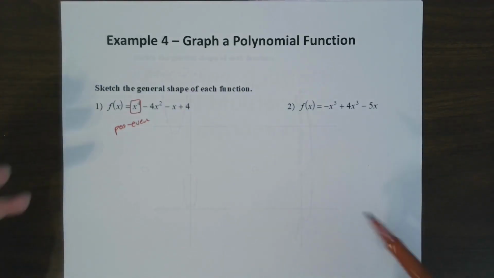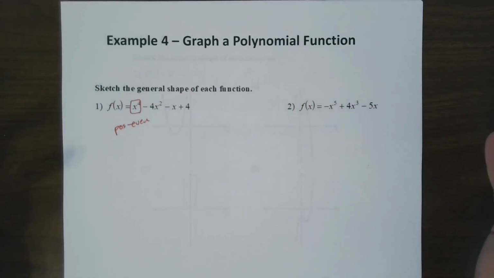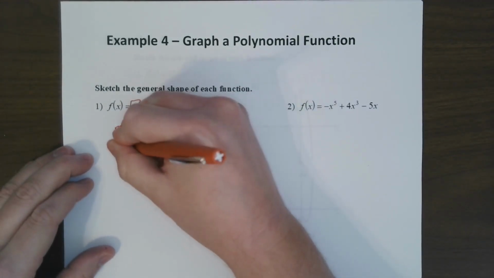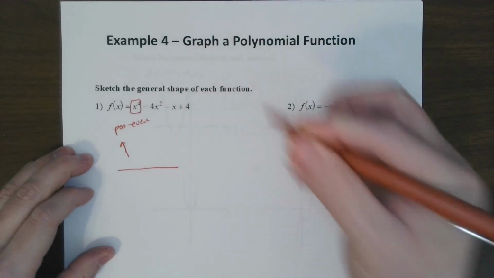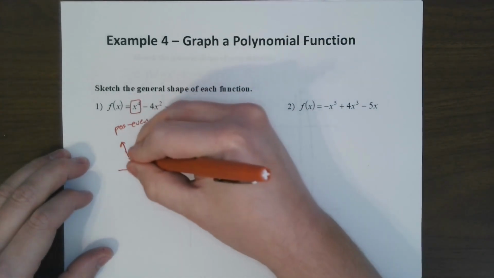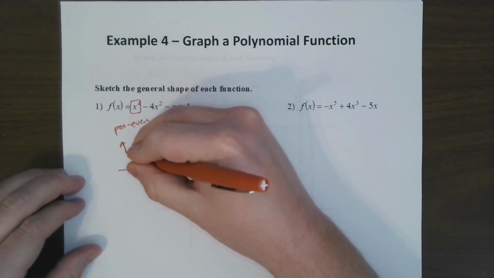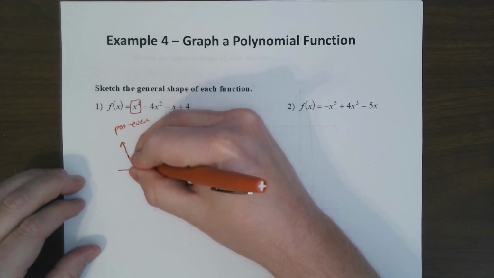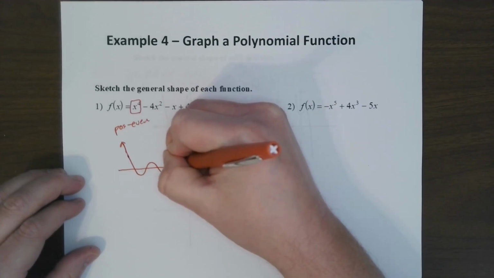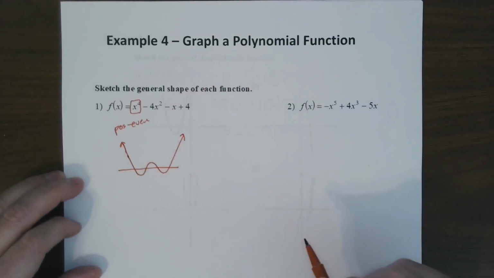The way we do this is pretty easy, but 4 is the most it can cross the x-axis. So if we draw a line, we know it's going to start here, and then it's going to end up here. So if we just go from here and cross the line 4 times, we should end up with a good sketch. So 1, 2, 3, 4. And if you notice, we get rises, rises.